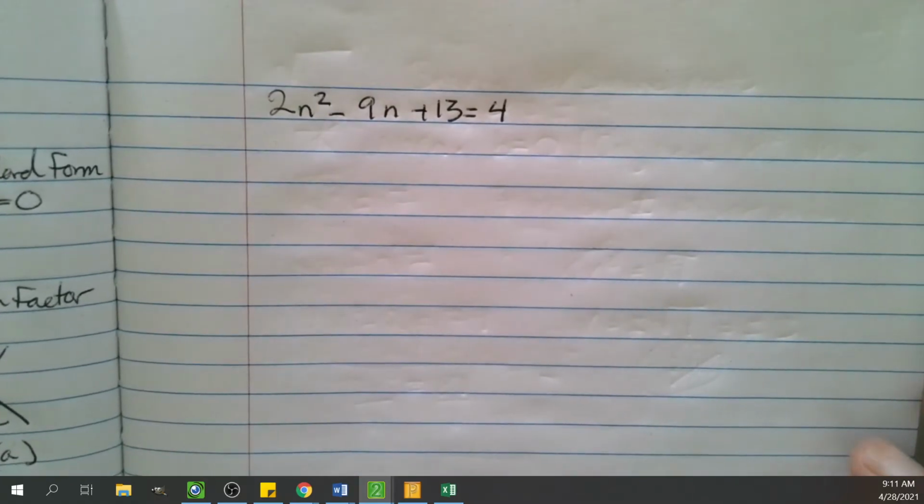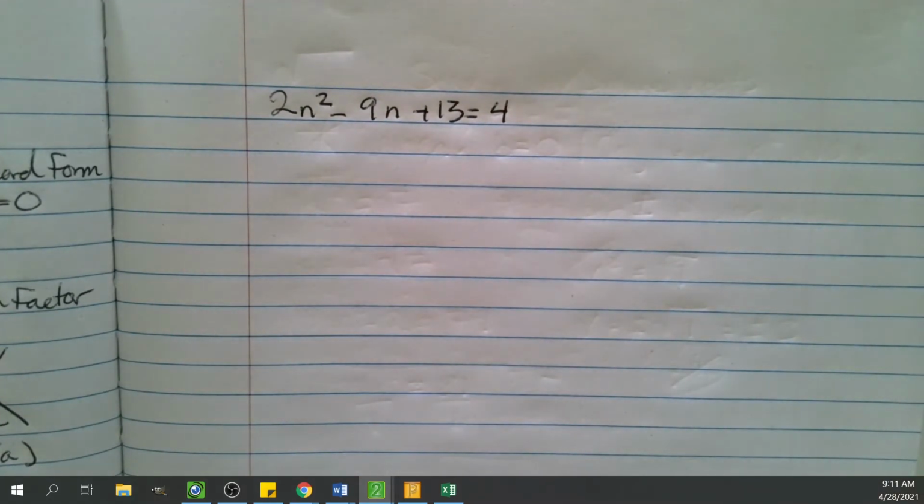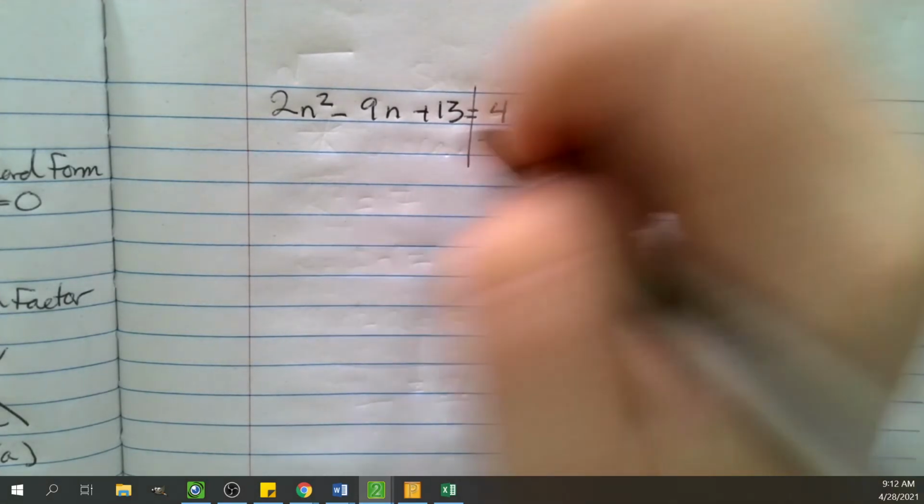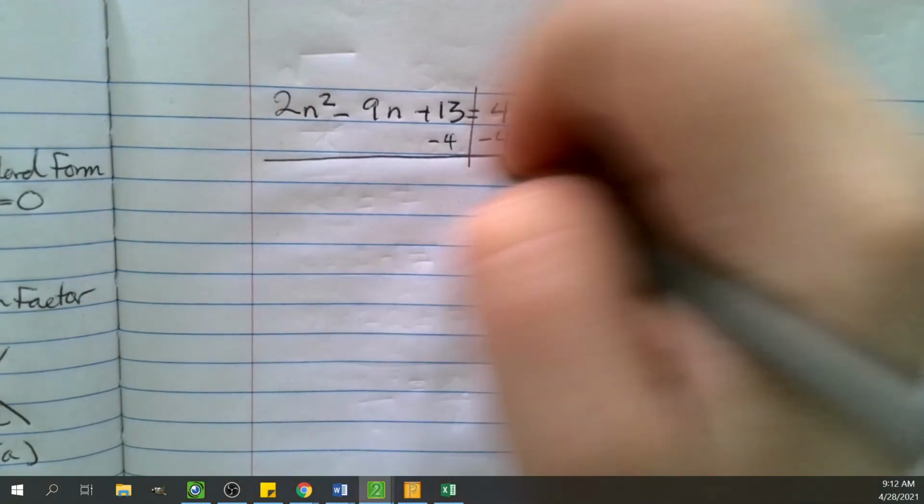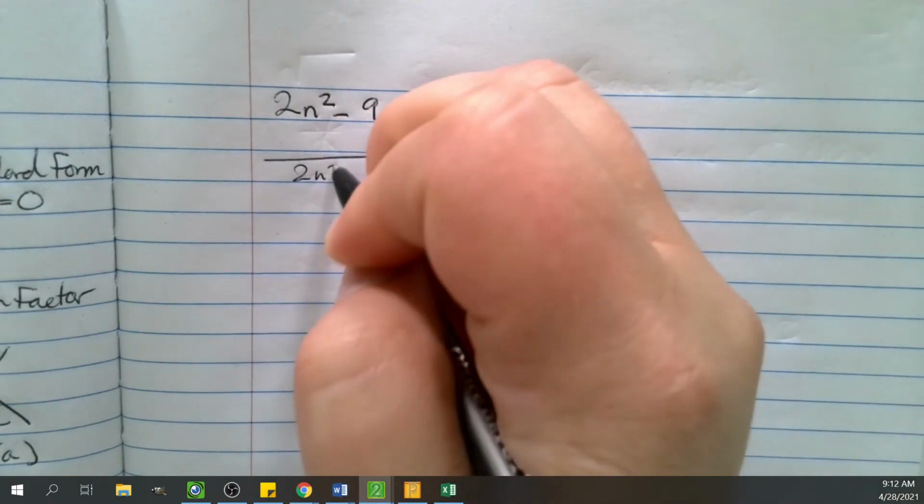Okay, this is your last one for factoring. Hiram, is it in standard form? What do we need to move? 4. Add, subtract, multiply, or divide? Subtract. Good. Miss Haley, what's 13 take away 4? 9. Good.